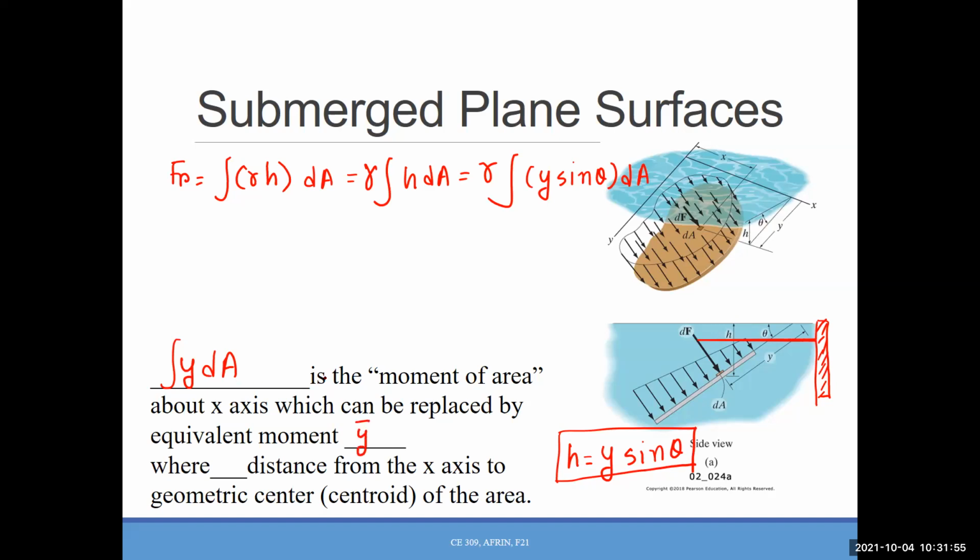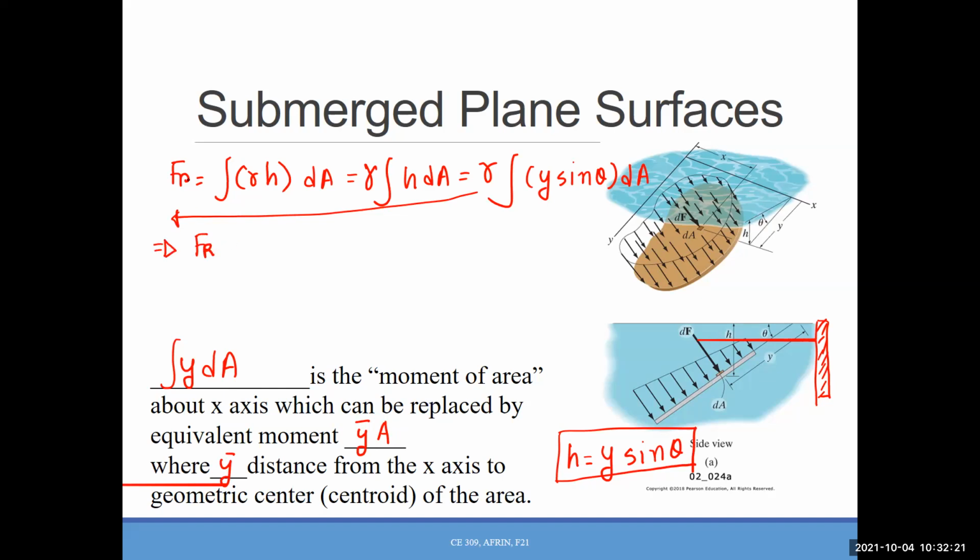If you integrate dA, what is the final result? Total area A, right? Okay. So you will get y bar A, where y bar is the distance from the x-axis to the geometric center of the area. Okay. So I will write down the next line here.